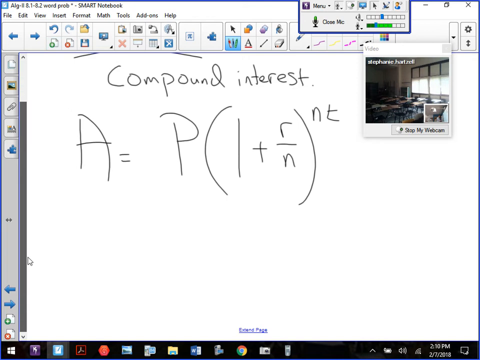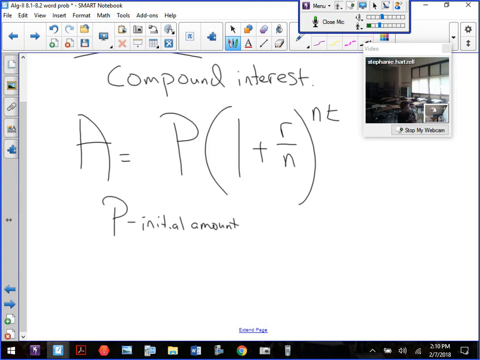Here's what all these values mean. P is initial amount. Rate is your percent as a decimal. N is number of times compounded.